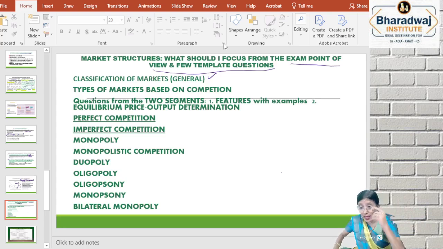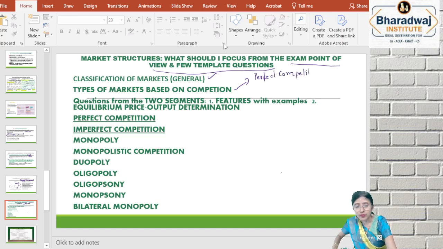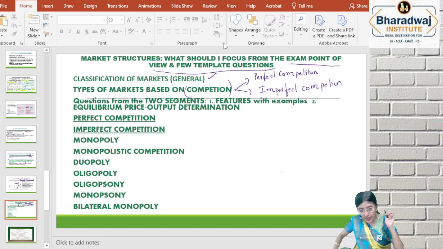Now, types of market based on competition, where the twin classification starts: perfect competition, imperfect competition. Where the exact classification starts is this, but from the general classification also they are asking questions. That's why I want to tell you.